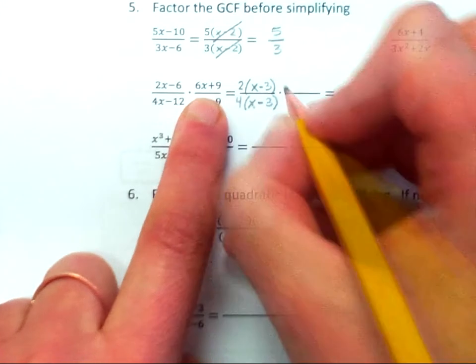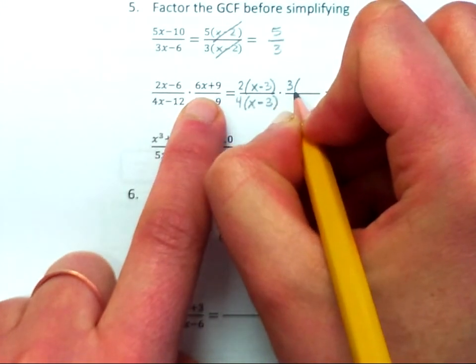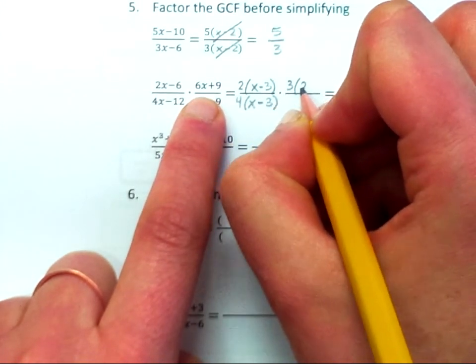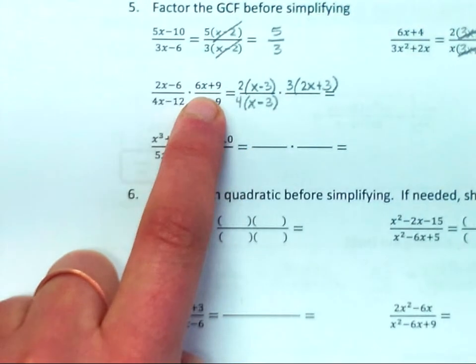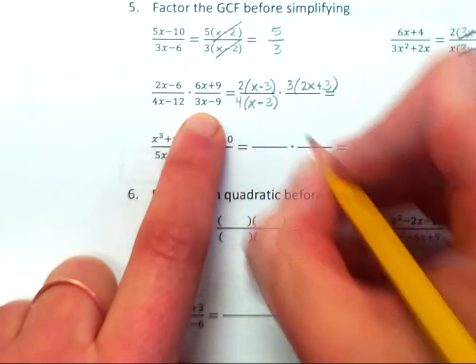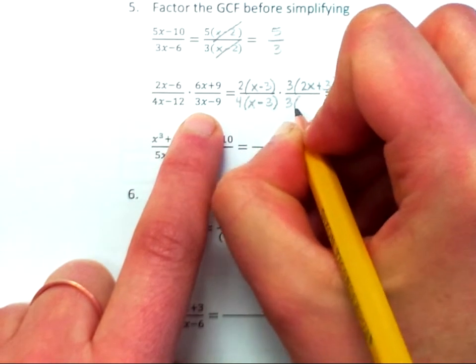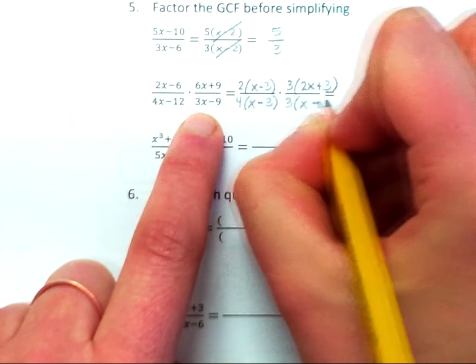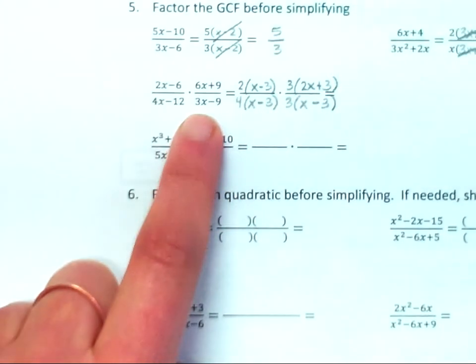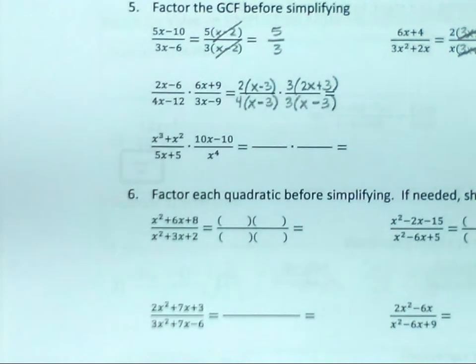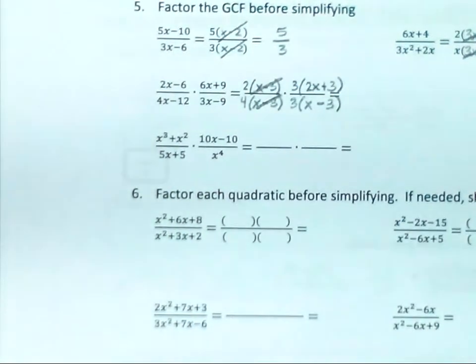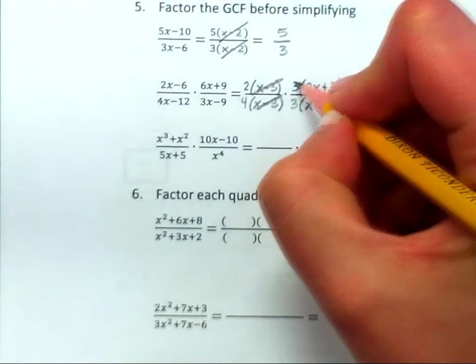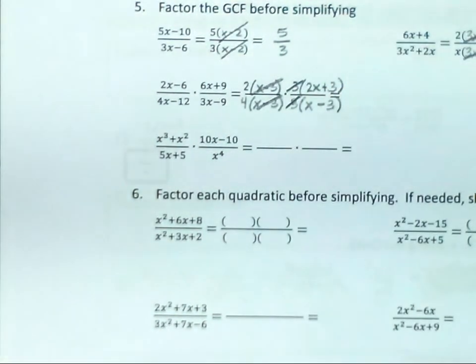This numerator has a GCF of 3, remaining factor is 2x plus 3. This has a GCF of 3, remaining factor x minus 3. Now everything is factored and we can make 1. So this x minus 3 cancels with this one. This 3 cancels with this 3.